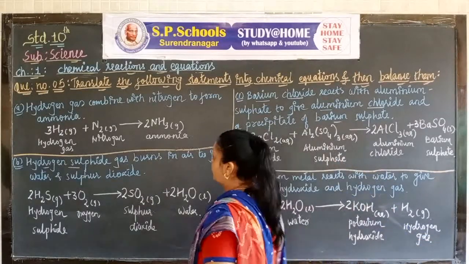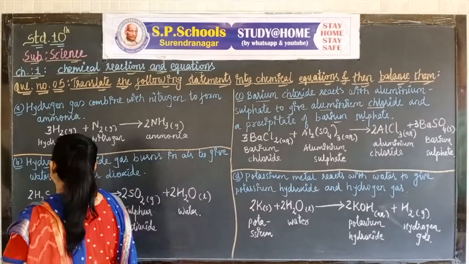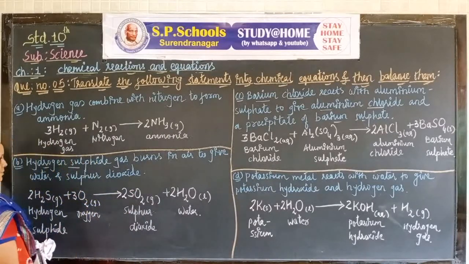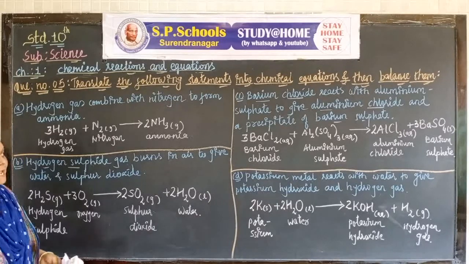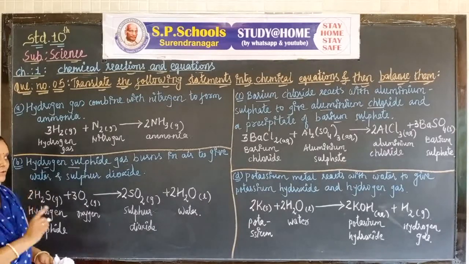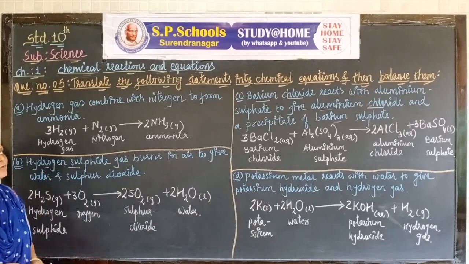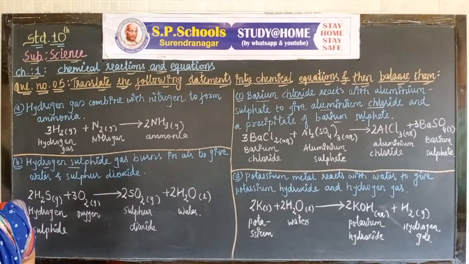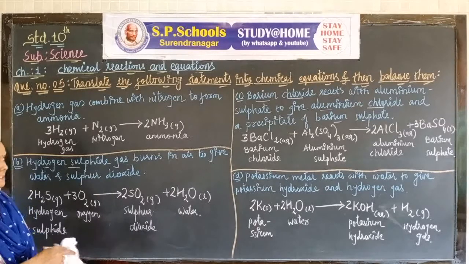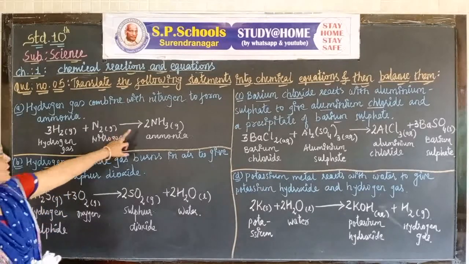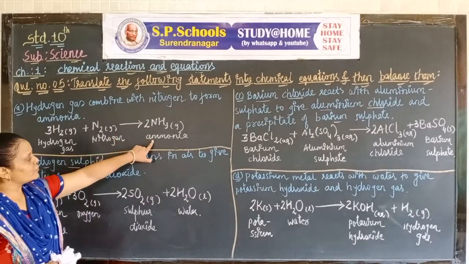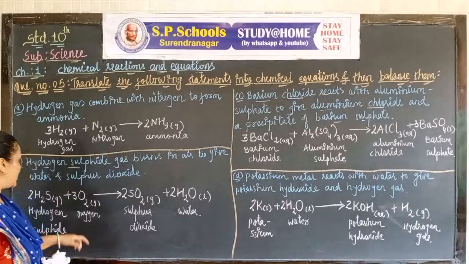So friends, to make the equation properly and to balance it completely, first of all we know the molecular formula of each substance. So you have to write the molecular formula for each substance first of all in your notebook, fair book. Molecular formula of ammonia is NH3.